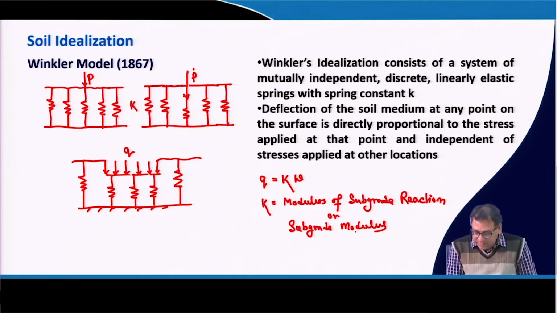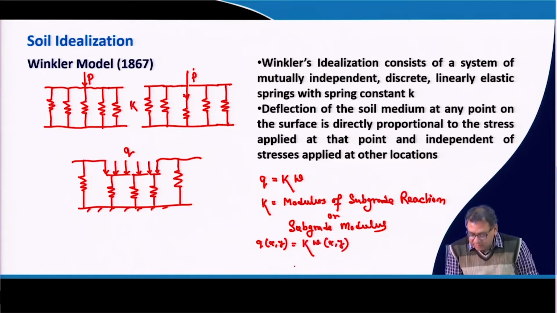So, if the stress is acting over a rectangular area, that means the xy plane, then Q xy will be equal to K times W xy. So, it is acting over a rectangular area. It is given that these springs are not connected.